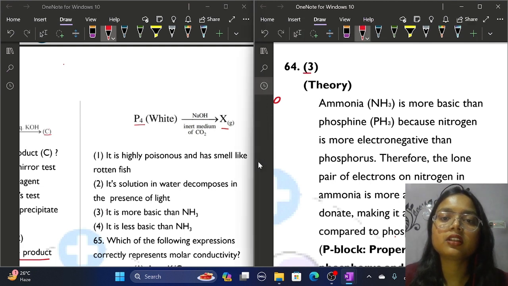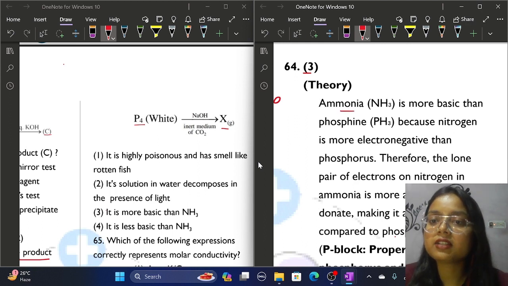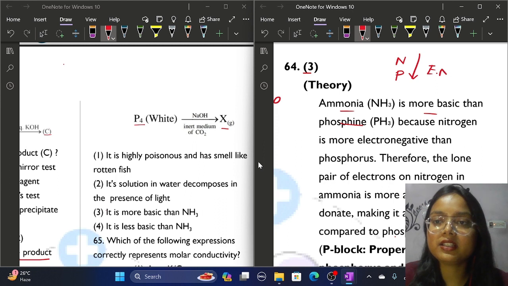So in question number 64, we know that ammonia is more basic than phosphine because nitrogen is more electronegative. In the periodic table, nitrogen is here and below it is phosphorus, and we know that electronegativity decreases down the group. So automatically nitrogen is more electronegative than phosphorus, which means that the lone pair of electrons on nitrogen in ammonia is more available to donate.